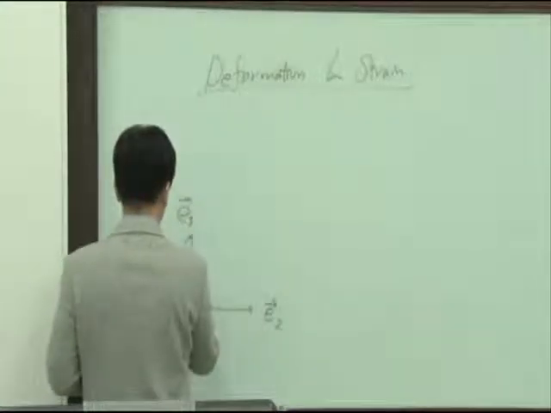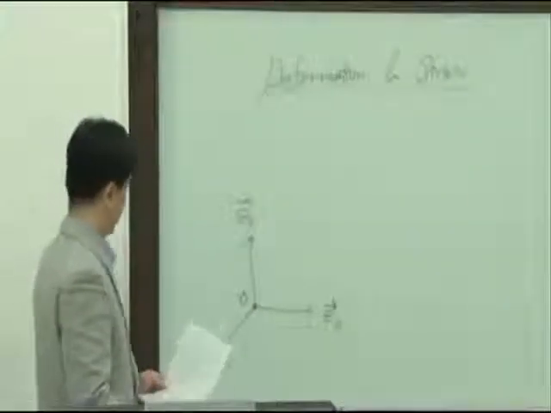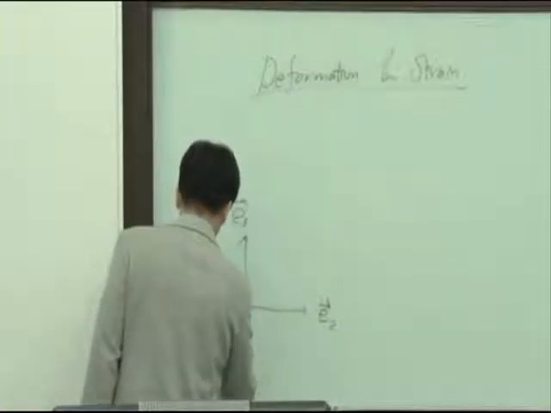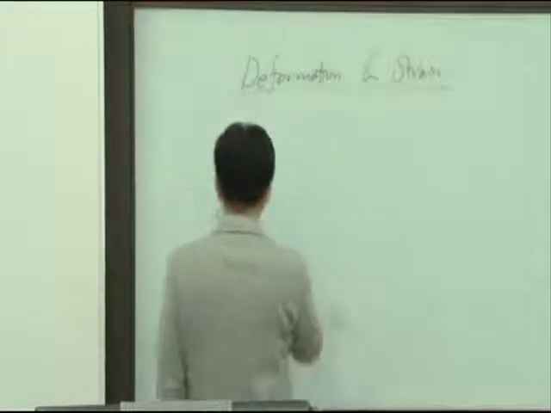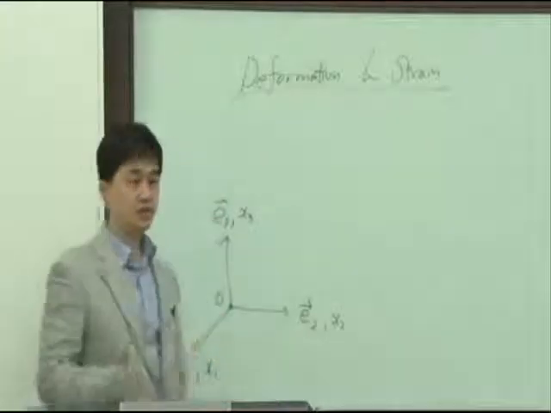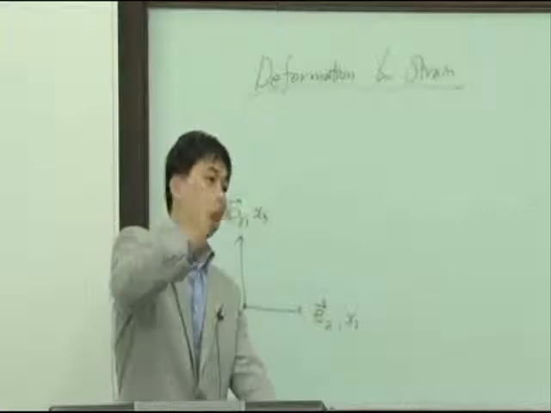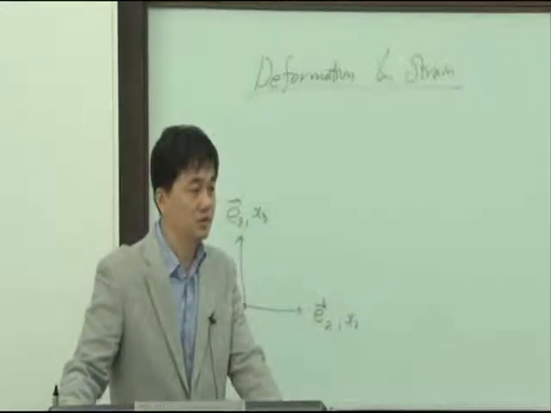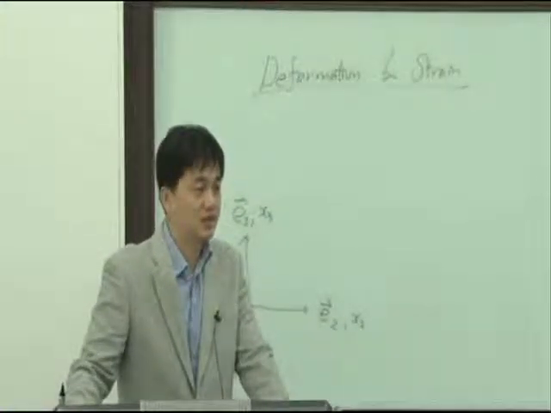And this is the origin, O. And the component in the E1 direction is x1, in the E2 direction x2, in the E3 direction x3. So based on this Cartesian coordinate system, we can define any position of a material particle in the 3D space, right? We are living in 3D space.